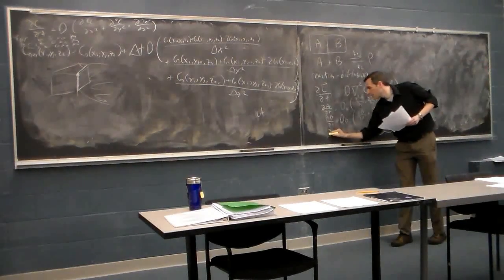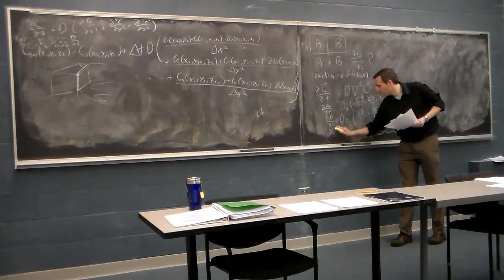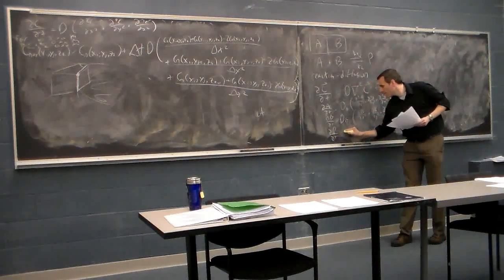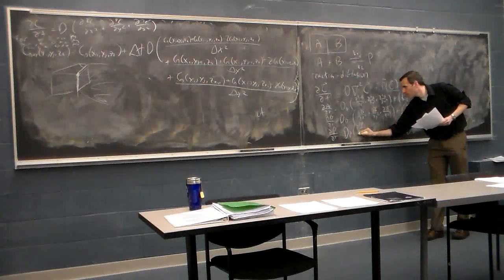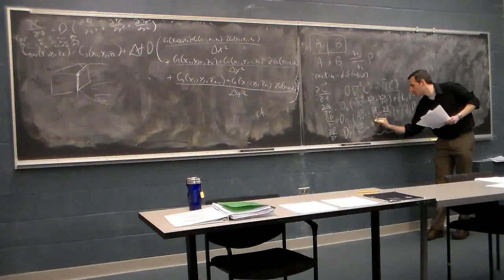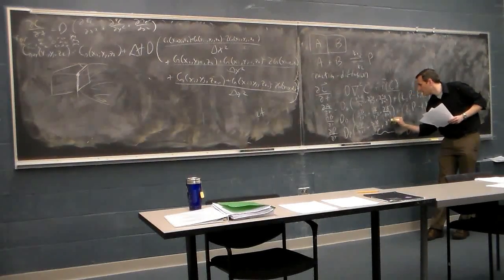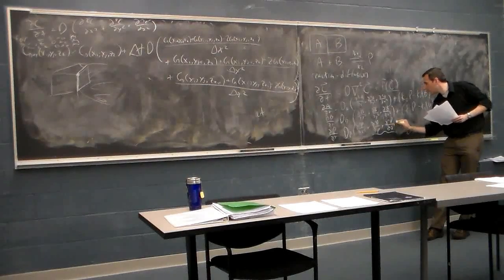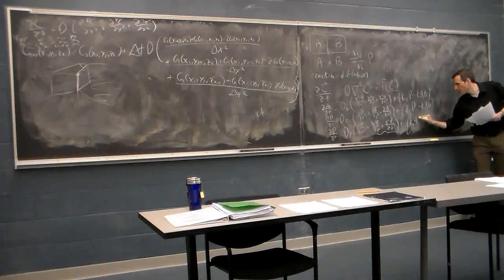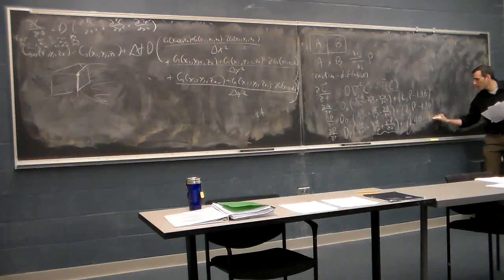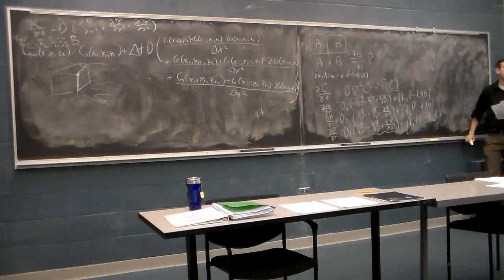And finally, dP/dt is the diffusion rate of P times the Laplacian of P, d²P/dx² plus d²P/dy² plus d²P/dz², plus the rate at which we gain P, which is k1AB, minus the rate at which we lose P, which is k2P. Everyone follow that?